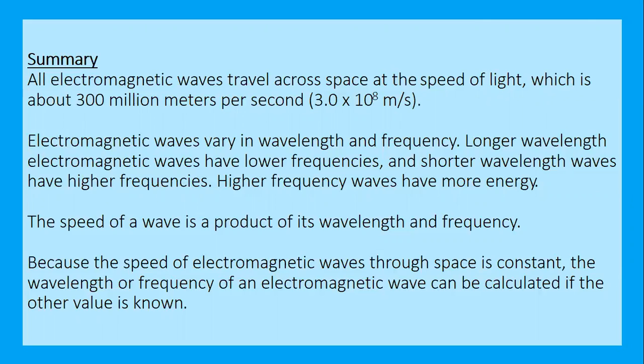Higher frequency waves have more energy. Likewise, lower frequency waves have less energy. The speed of a wave is a product of its wavelength and frequency. Because the speed of electromagnetic waves through space is constant, the wavelength or frequency of an electromagnetic wave can be calculated if the other value is known.